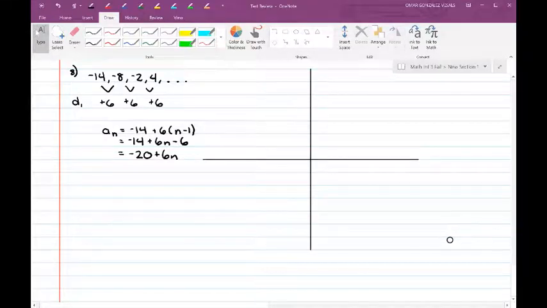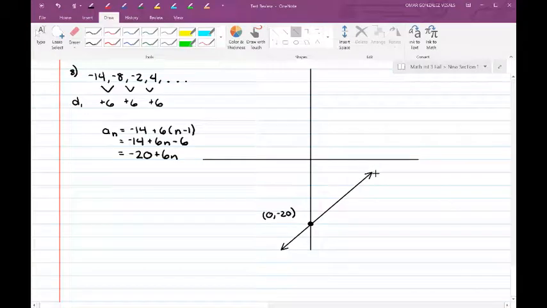So when I graph this thing, my y-intercept is going to be negative 20. So I was going to put that as 0, negative 20. And then I'm going to draw my graph. It doesn't have to be exact as long as your points are there. What are my points?